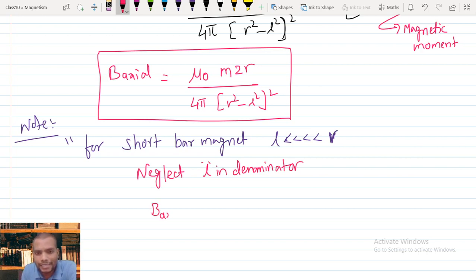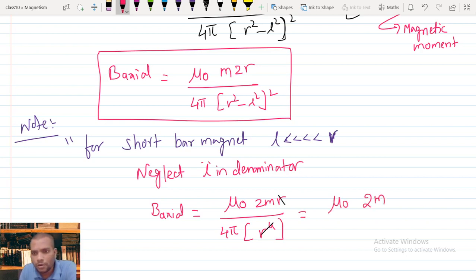Therefore the magnetic field due to axial position for a small bar magnet equals mu naught upon 4 pi times 2mr upon r to the power 4, and you can cut one r, so we end up with mu naught times 2m upon 4 pi times r cubed.